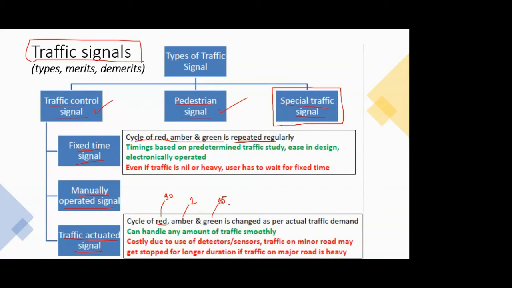Same way you can use that over here, and it is interconnected, that whatever is the live feed of the video, it is fed to the software, it analyzes immediately, and if it sees that there is no vehicle, it will just give a green light to that road where a single vehicle or 2-3 vehicles are approaching. So that is a traffic actuated signal.